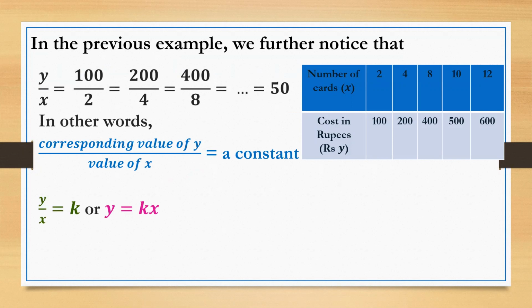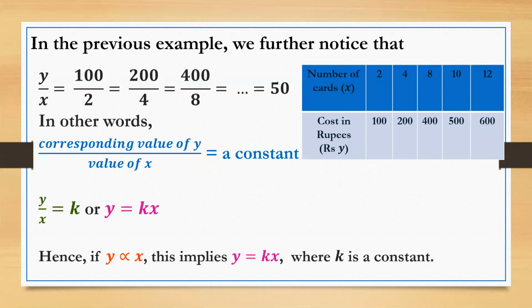So we can also write it as y over x equal to k, or y equal to kx. Hence, if y varies directly as x, this will imply that y equal to kx, where k is a constant.